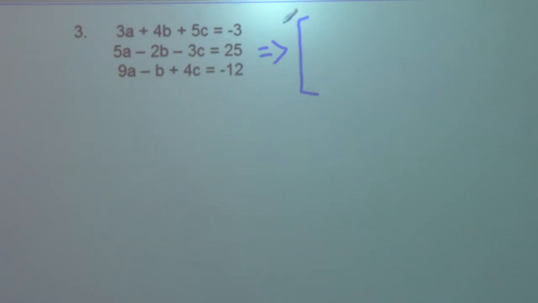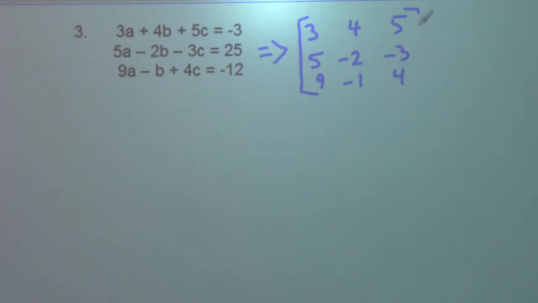We have a first row of 3, 4, and 5. Our second row is going to be 5, -2, -3. And our third row is going to be 9, -1, and 4.